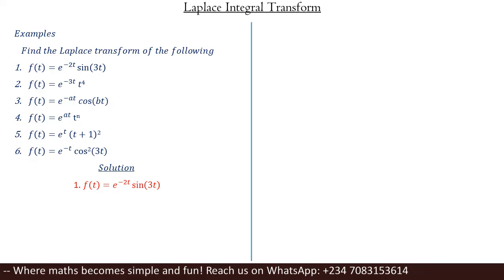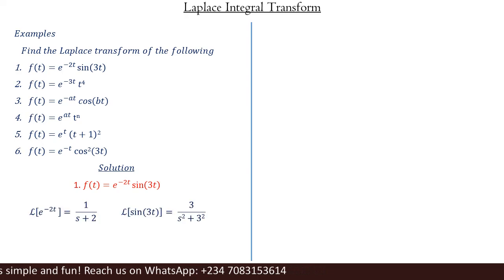Okay, so first we are going to take the Laplace transform of these individual functions. Let's go. What is the Laplace transform of e raised to the power of minus 2t?